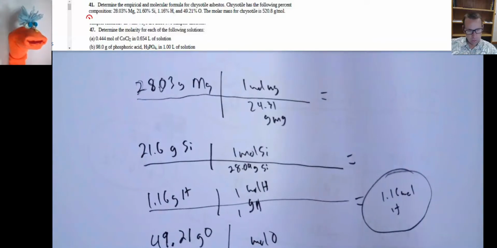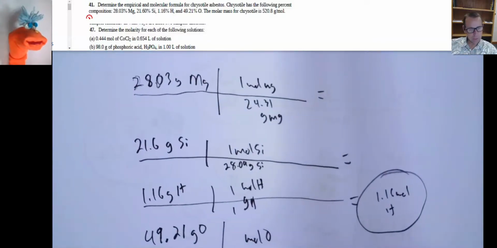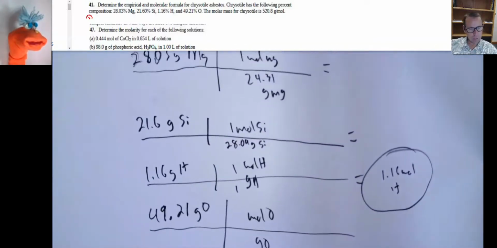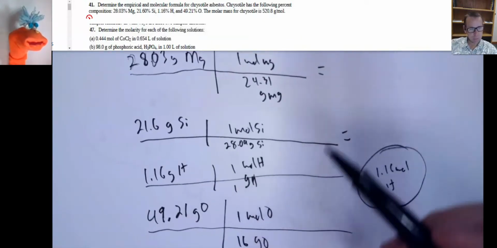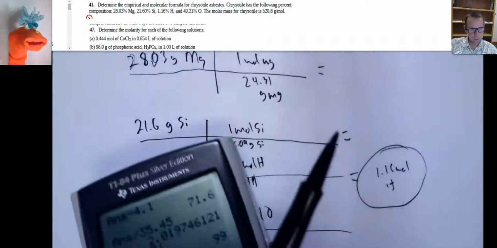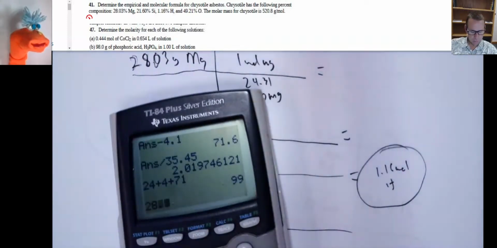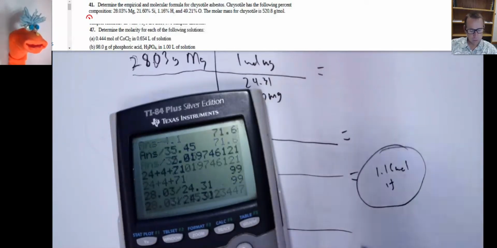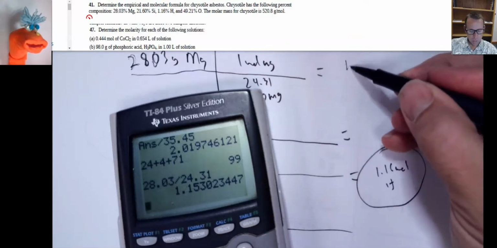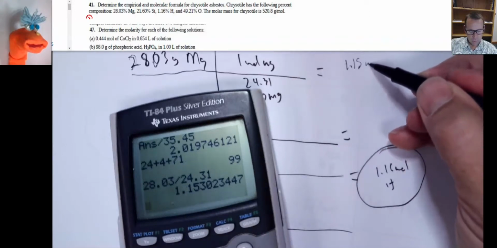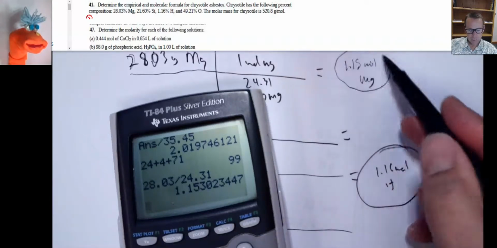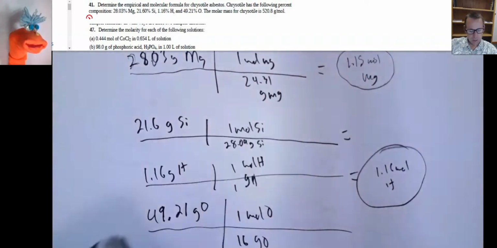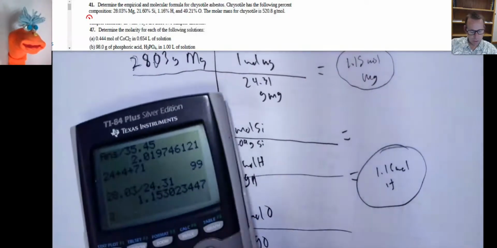Okay, so what do we got here? We got 16 grams of oxygen for every mole. So 28.03 divided by 24.31, and that is 1.15 moles of magnesium. Okay. And then we got silicon, 21.6 divided by 28.09.